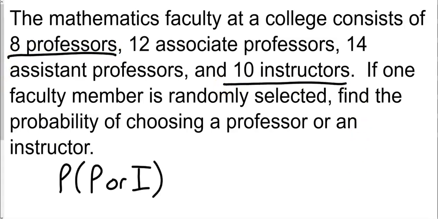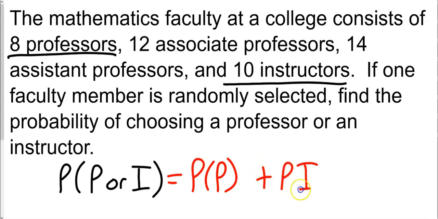It's 2 classifications at this college, and you have to be one or the other. You're not both. So this is a case of mutually exclusive. So all we need to do is figure out what the probability of a professor is plus the probability of an instructor. So again, before you can do anything though, you need to figure out the total.